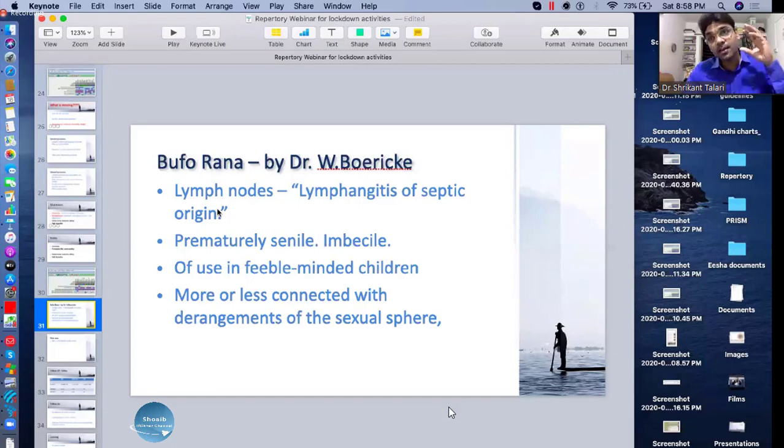So that is where one of the rubrics that was left in the physical, that is immunity, gets covered when I read the materia medica. So I don't find that in the repertory, but I get it in the materia medica. Then you see Boericke writes prematurely senile, imbecile. Used for feeble-minded children, more or less connected to derangements of the sexual sphere.